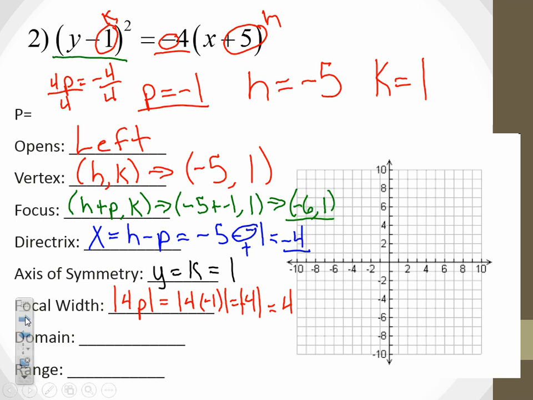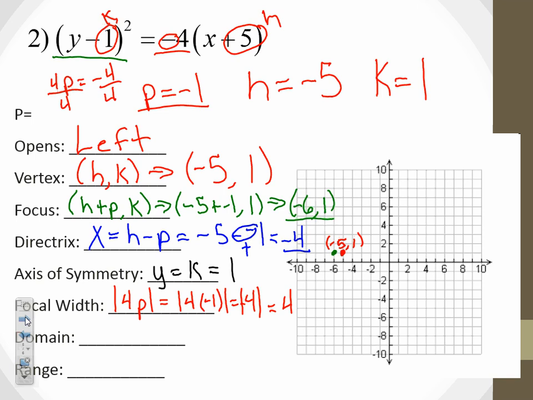Now we have to graph all of this information. So we'll start with our vertex. Our vertex is at negative 5, 1. So it'll be right here. Make sure we label it, okay? So negative 5, 1. Alright, now our focus is at negative 6, 1, so that's right here, negative 6 up 1.